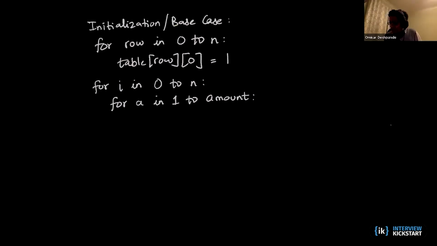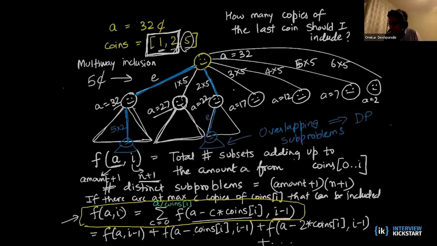So we have to do a bunch of summations and store the result in row I column A. Each summation value will correspond to an inclusion of one more copy of whatever coin we are including.